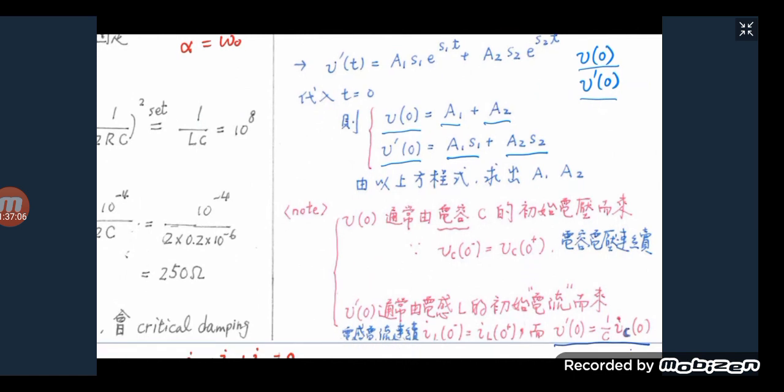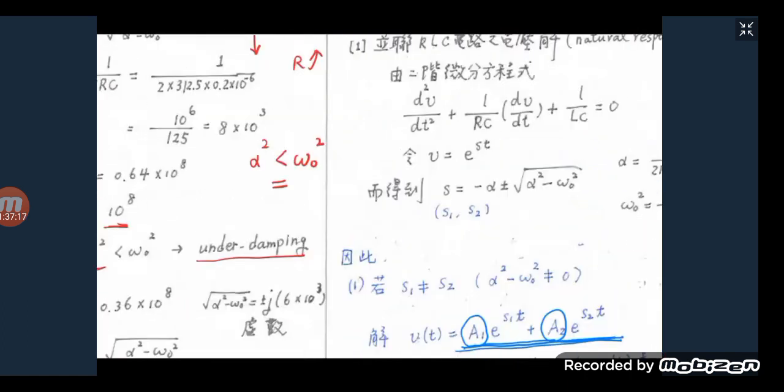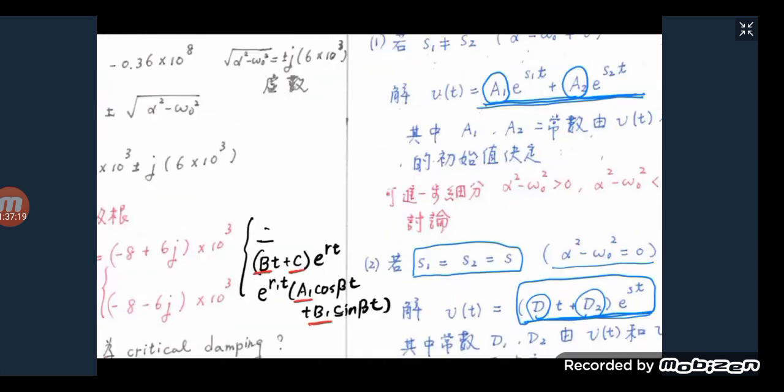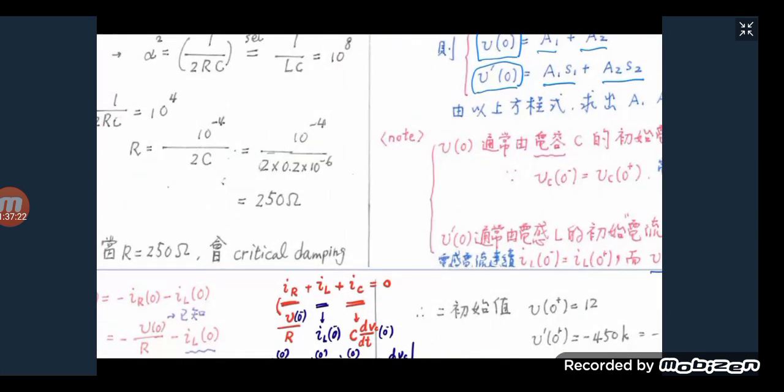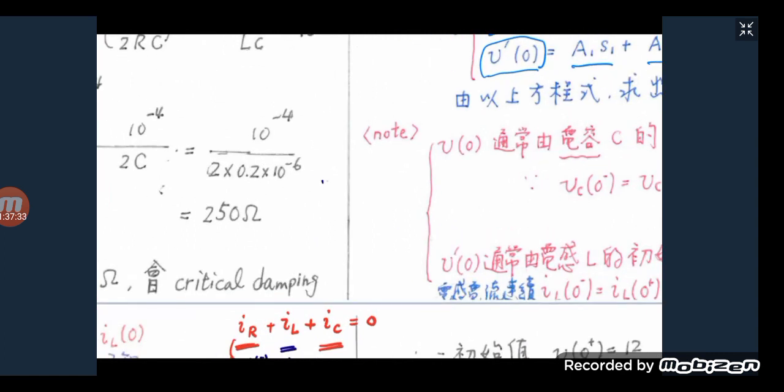But how to get the two parameters or the two variables? It's back to our physical properties of RLC circuits. Again, we say that what is continuous? We always talk about the properties of C. We say that for capacitor, the voltage is continuous, right?